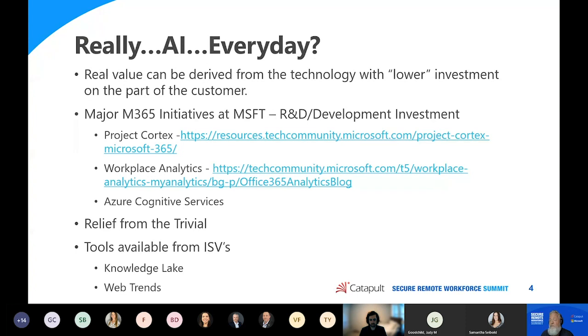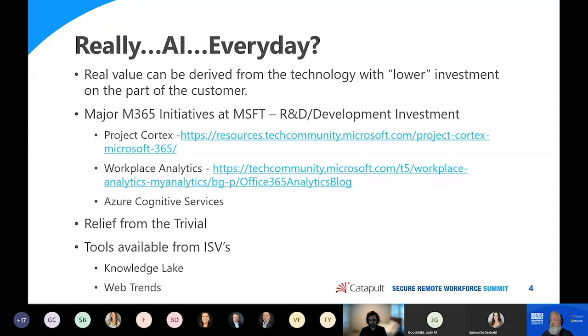The capability and the features to solve those kinds of really interesting problems is getting easier and easier. A lot of this is coming from Microsoft's R&D and their investments in things like Project Cortex, Workplace Analytics, and Azure Cognitive Services.